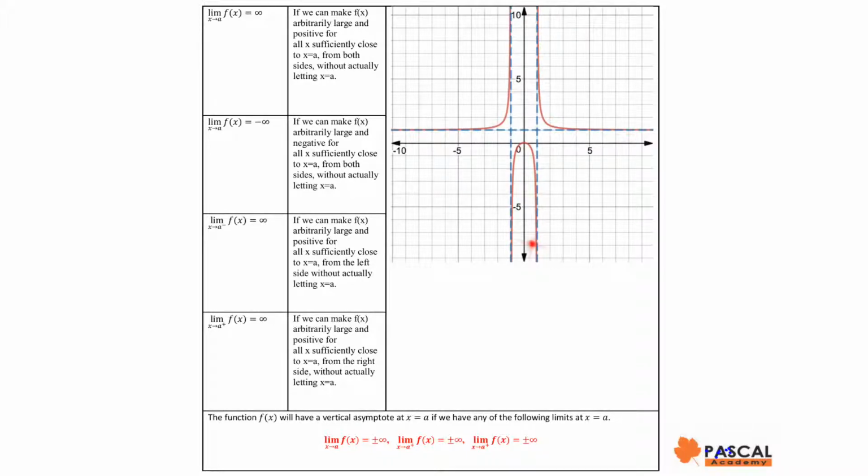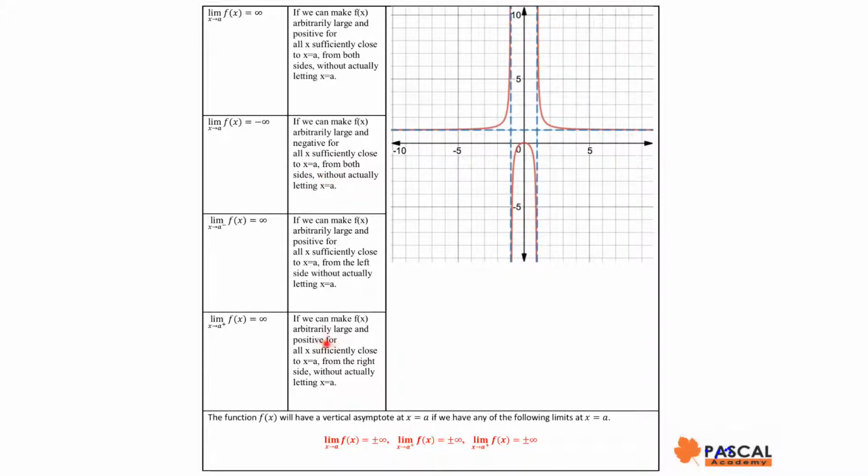Similarly, we define limit of f of x as x approaches a equals negative infinity. In this case, we can make f of x arbitrarily large and negative for x sufficiently close to a from both sides.